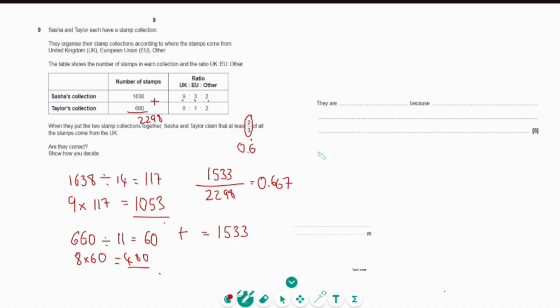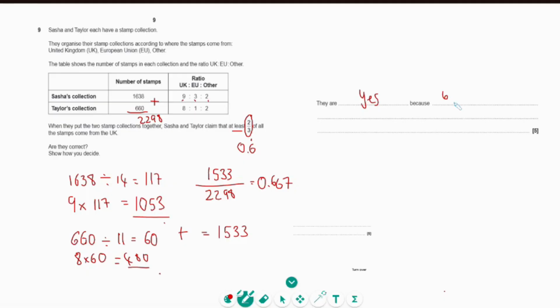So are they correct? Yes. They say at least, don't they? So at the minimum 2/3, yes, because that's slightly over 2/3. Or I might say actually 66.7%.